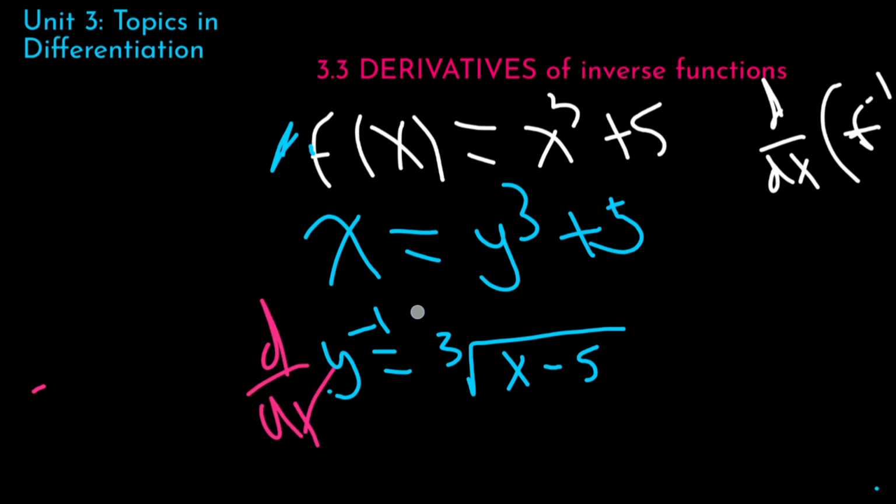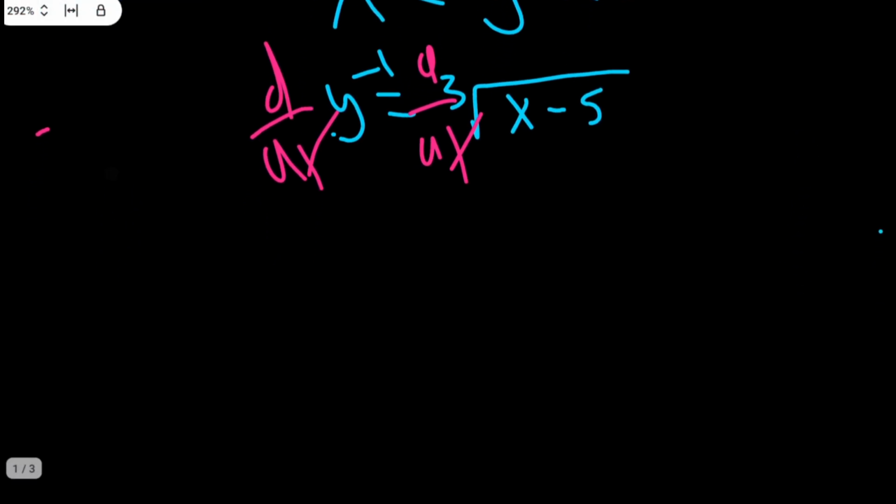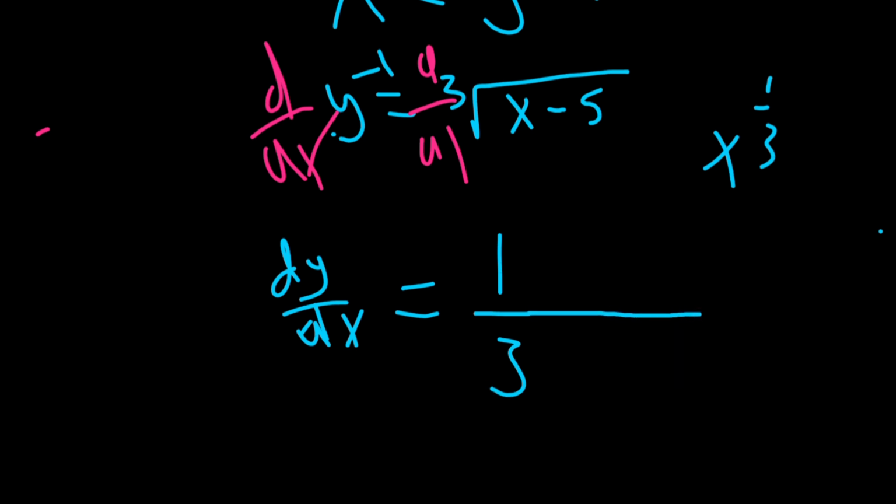d over dx, d over dx, then we're going to have dy over dx. This is our inverse y equals x to the 1/3, so it's going to be 1/3 x to the negative 2/3.